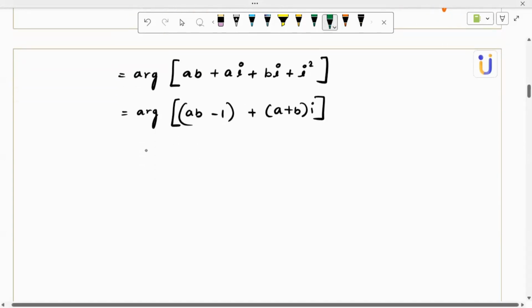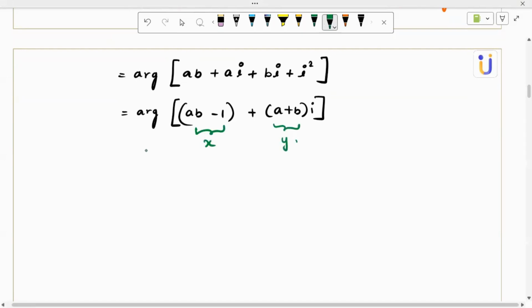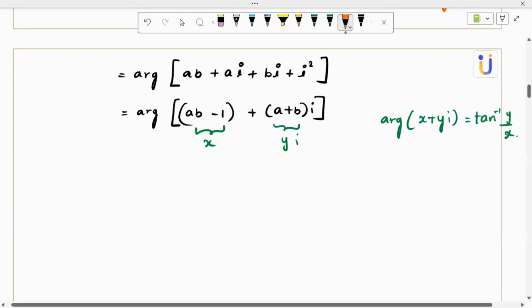Now argument of something, say x plus yi, means you can write it as tan inverse y by x. And here, ab minus 1, also they have mentioned ab is less than 1. So it's a negative part. It is in quadrant 2. But whenever I'm expressing this argument, this is tan inverse of a plus b divided by the real part, but this is negative.